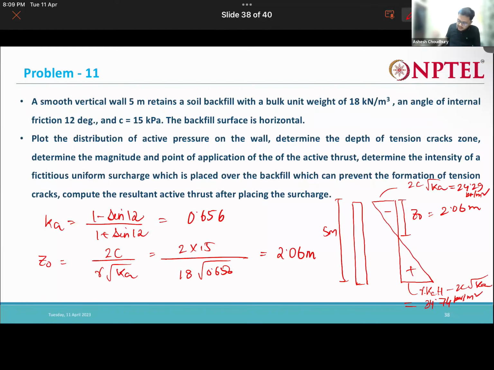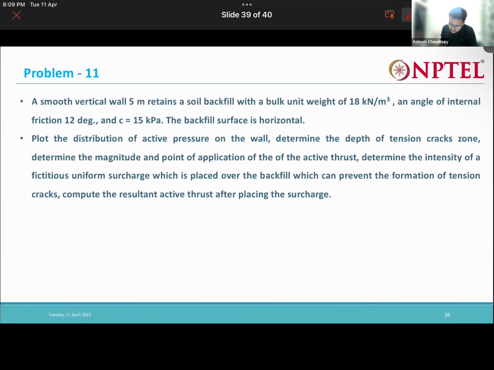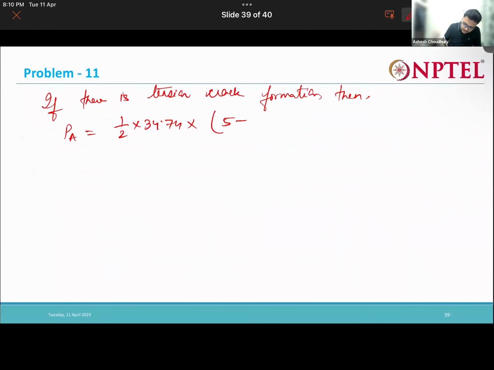The area of the lower triangle, right? Nothing but half into 34.74 into total height, which is 5 meter minus z naught 2.06. Tension crack formation is there. So half into 34.74 into 5 minus 2.06.